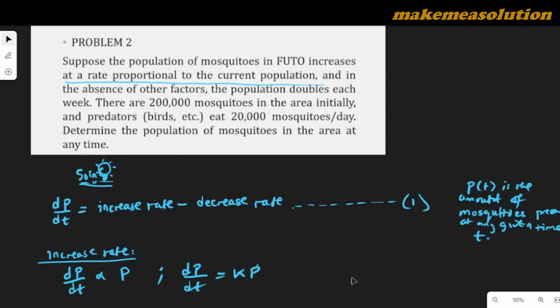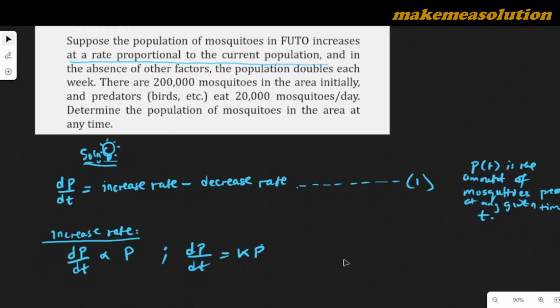Is that okay? kP. Then how do we get our decrease rates? So let me just use this one as equation 2, for instance. I'll get back to the increase rates.